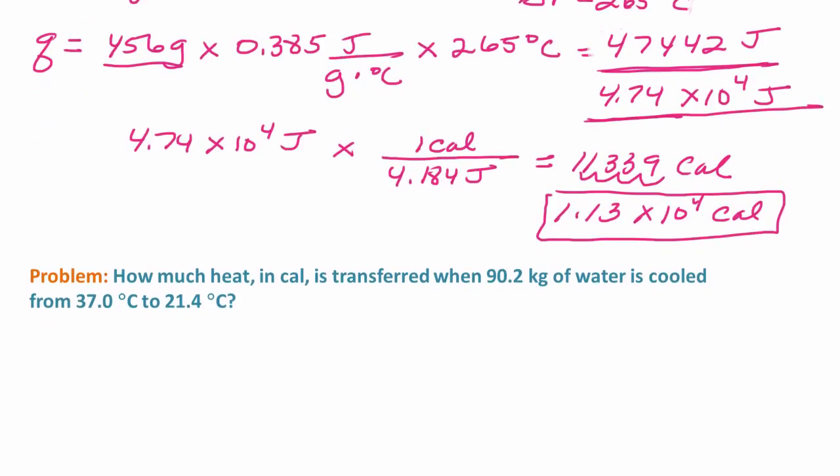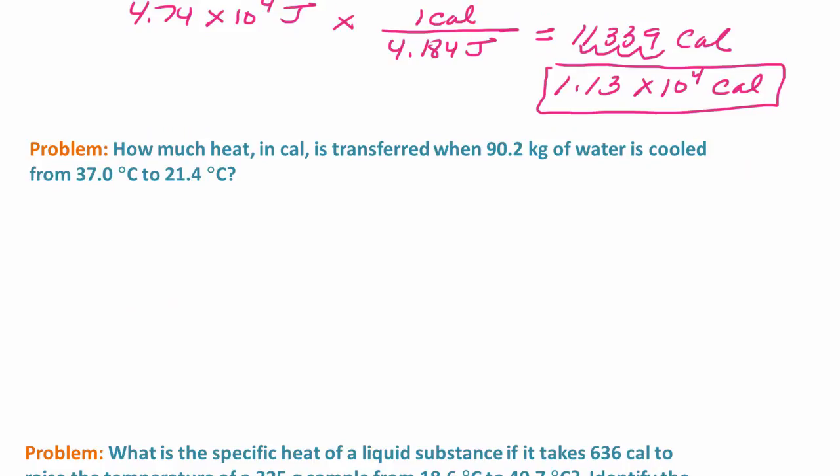Let's do another one. Here we're asked how much heat in calories is transferred when 90.2 kilograms of water is cooled from 37 to 21.4 degrees Celsius. The heat capacity of water, and they want this in calories, so we can go to our chart to look up the heat capacity of water in calories, and that is 1 calorie per gram degrees Celsius.